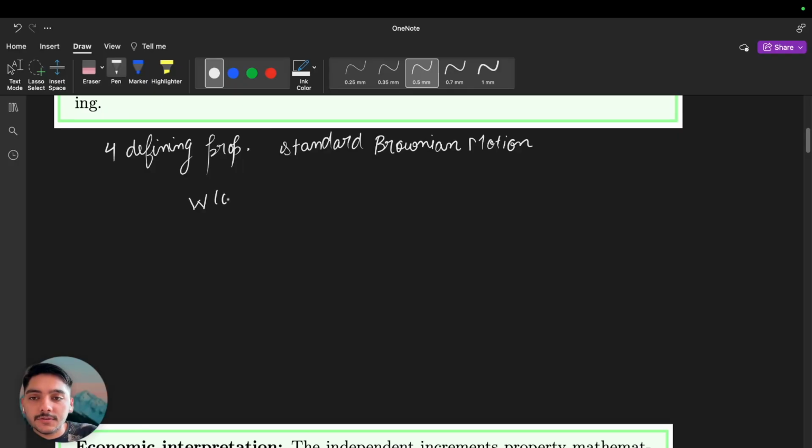W(0) equals 0, and Wt follows a normal distribution with mean 0 and variance t. So it's written something like this: mean 0 and variance t.